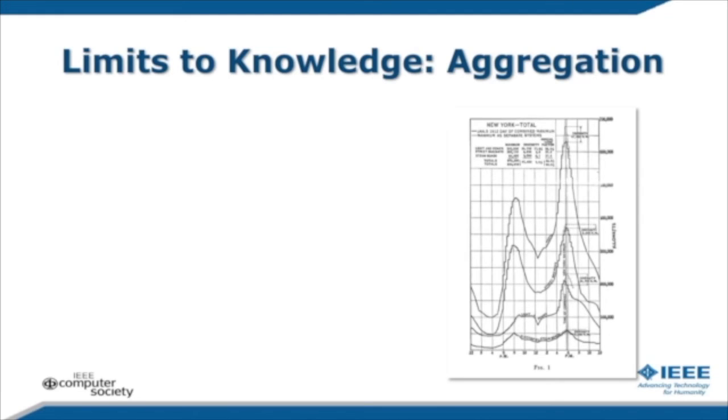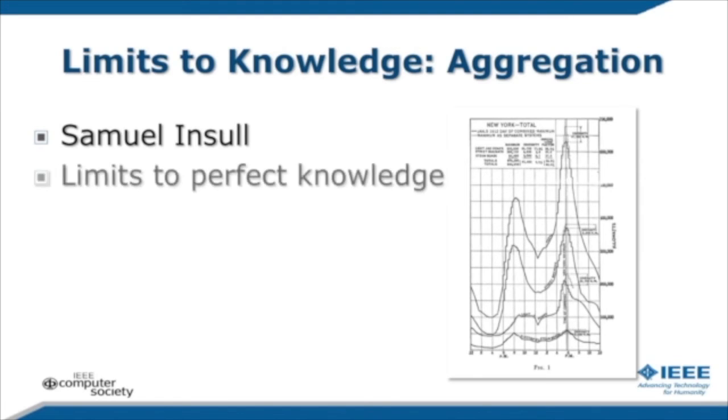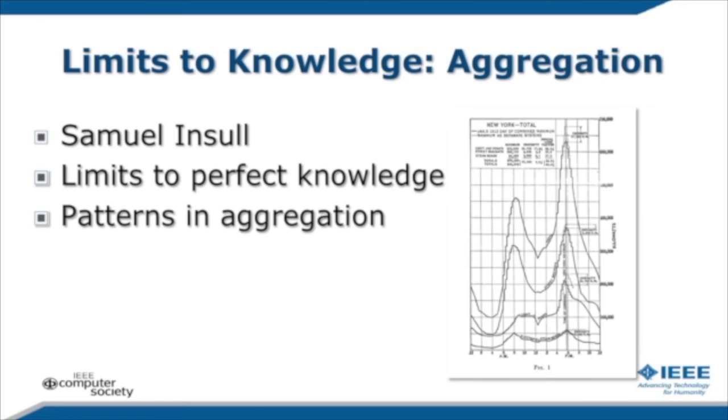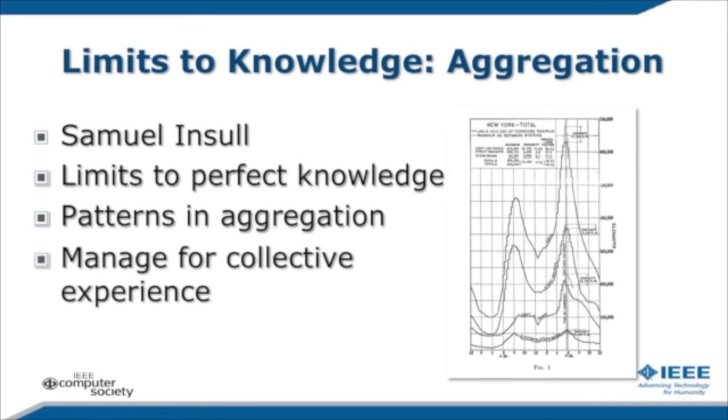Samuel Insull, for example, recognized that there were engineered systems which were too complicated and involved too many people to know perfectly, and that you had to work with limits on perfect knowledge. In his work, which involved looking at electrical distribution, transmission, and generation networks, he saw patterns in aggregation and began to develop techniques for managing those systems based on collective experience.